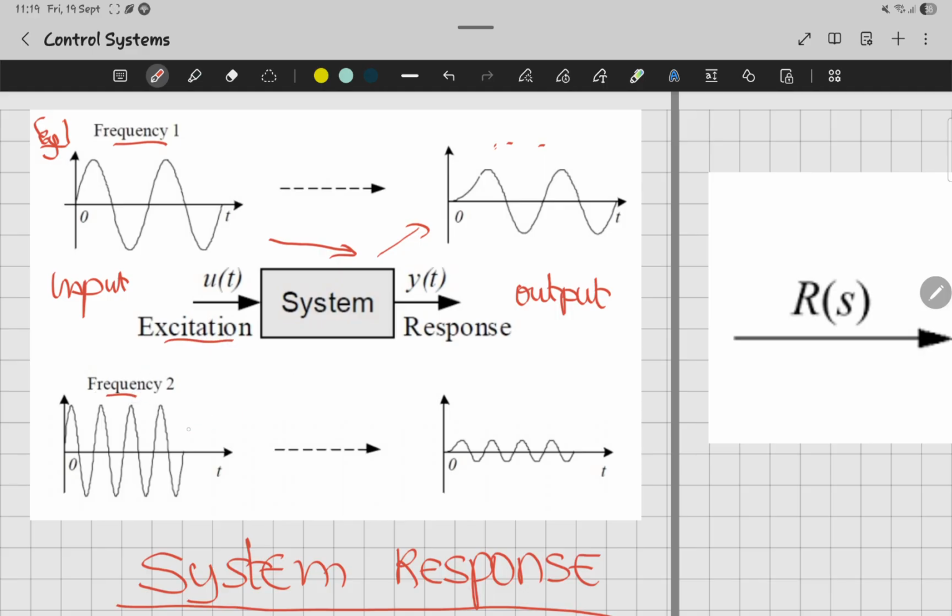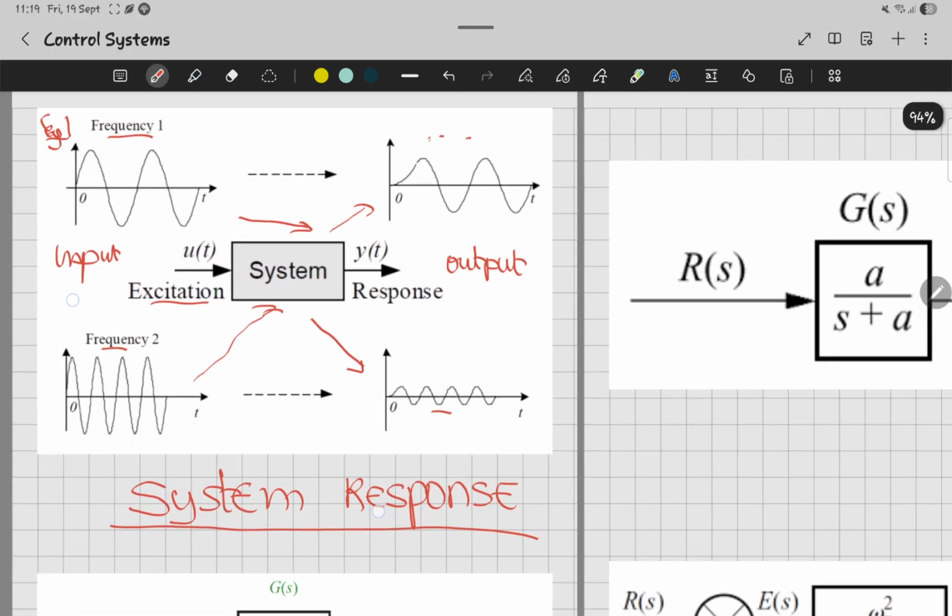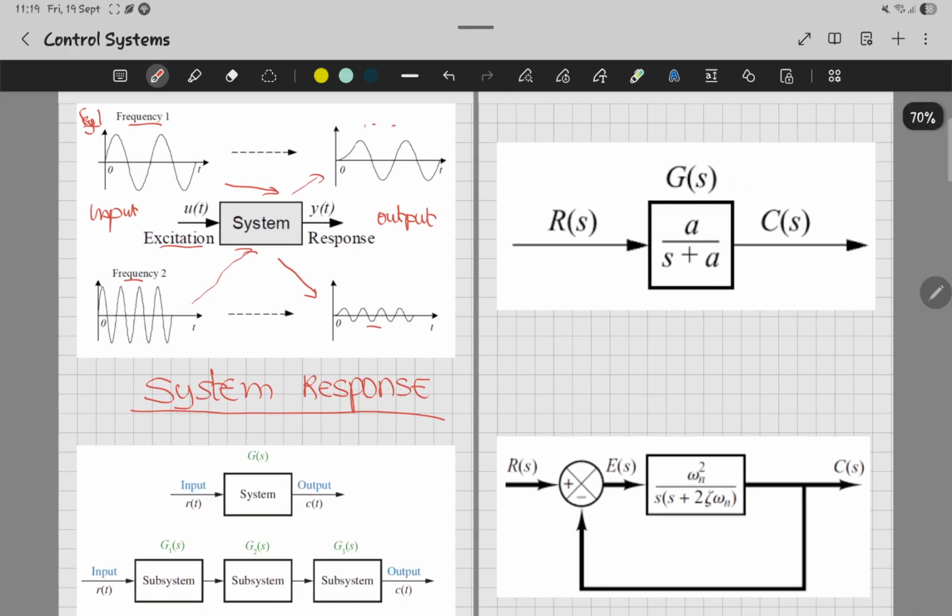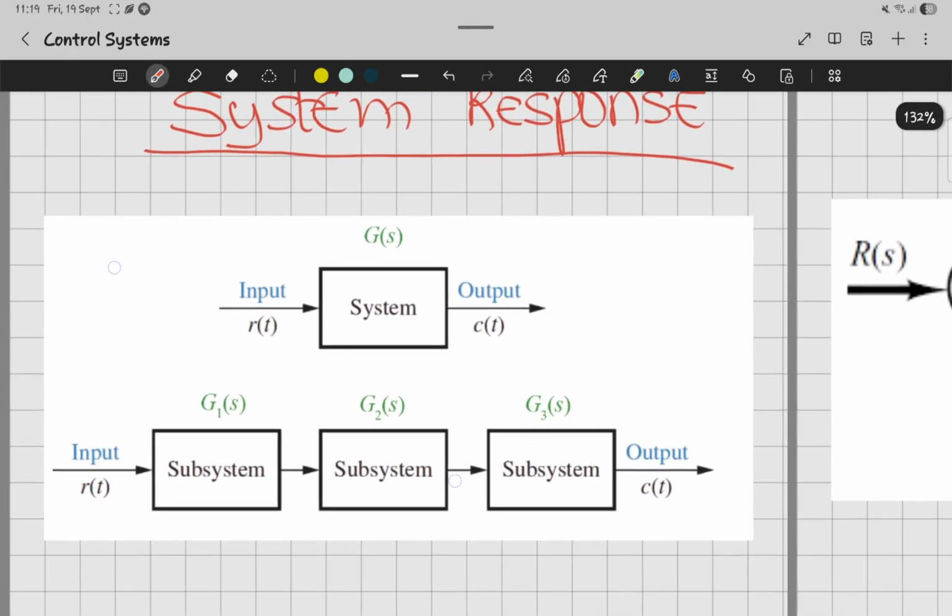We take the excitation and insert it into our system, and then the signal that we get on the output is the system response. So we'll be able to define what category of system response we have.